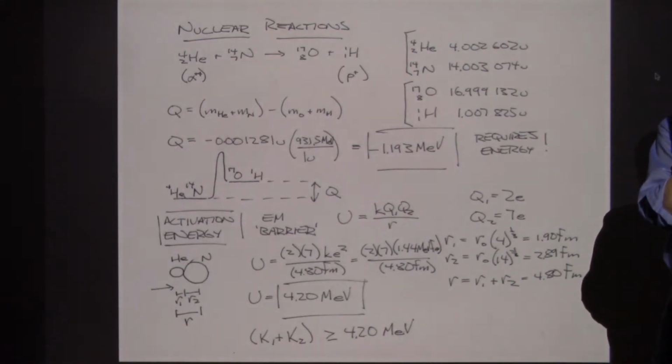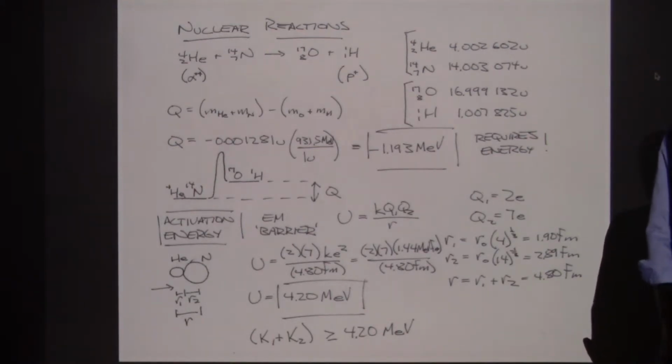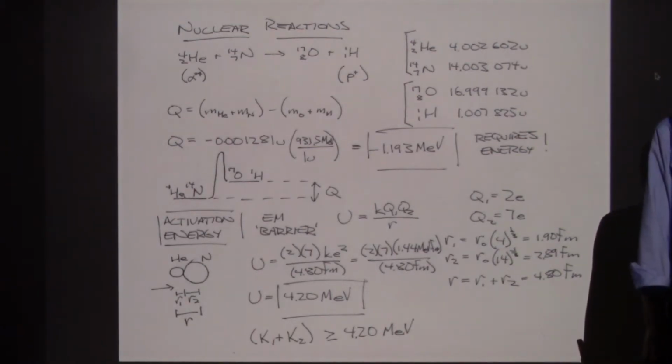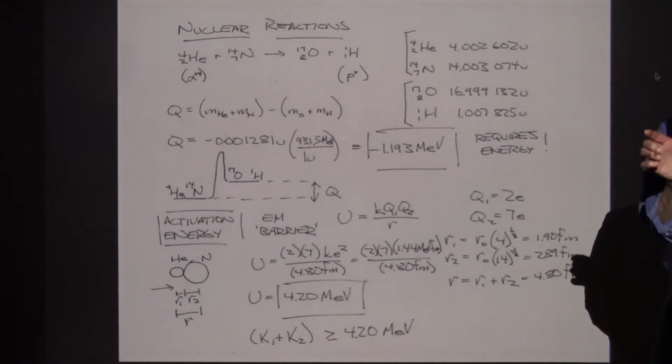I want them to at least just touch. So that's a convention that we use to determine whether or not a reaction will be set off: we say that the two nuclei have to just touch.